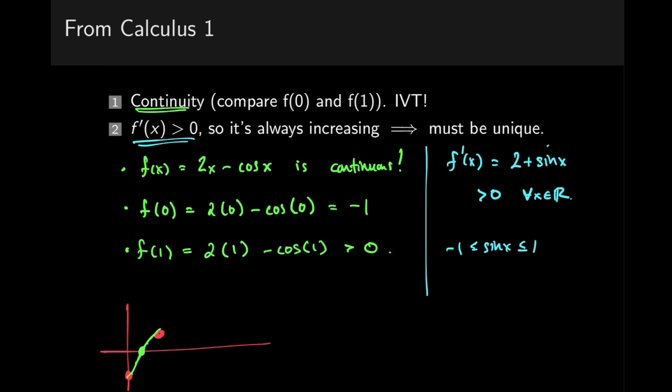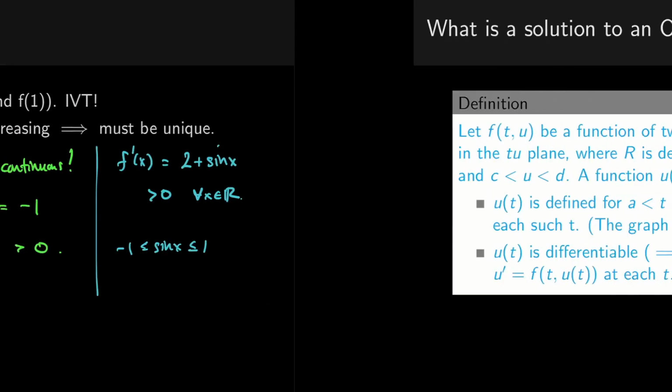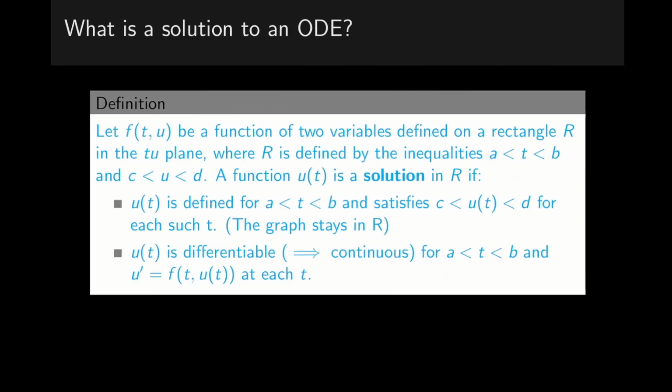Okay. So here we can do this with Calc 1. We're going to use some similar logic. So here's a definition of what is a solution to a differential equation.